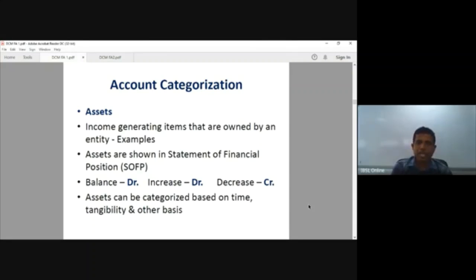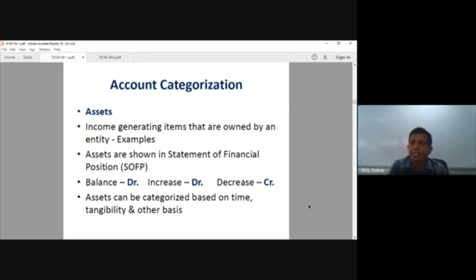And it should be owned by the entity. I mentioned two things. An asset should generate some income to the organization directly or indirectly, short term or long term. That is the income generation part. Second thing, it should be owned by the entity.